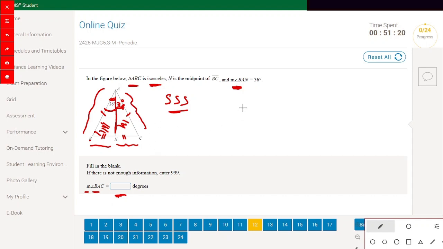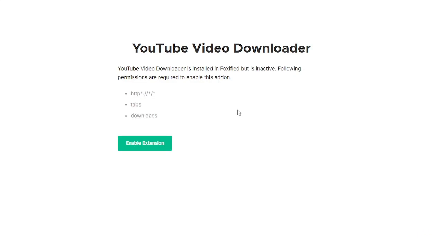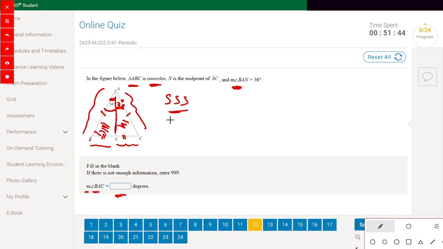So here we are saying that triangle BAN is congruent to triangle CAN, okay?